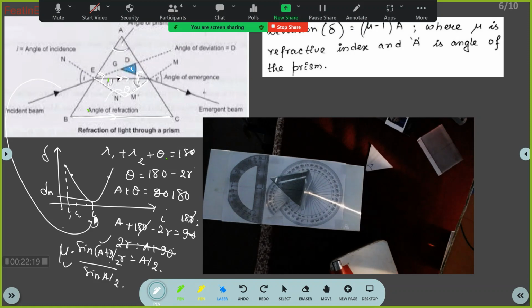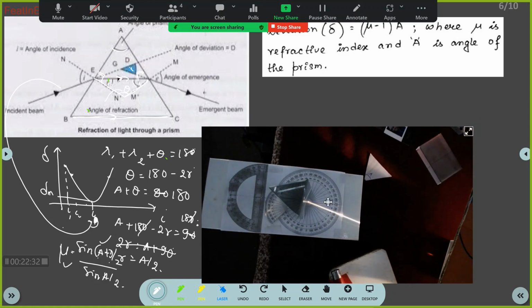Ask. So here in this case, the minimum angle of deviation is what you have to determine. Okay. So what you have to do is, here you see, this is the incident ray. This becomes the angle of incidence.